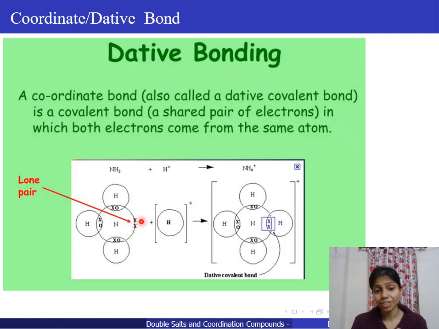But what about the lone pair of electrons? This lone pair can be shared with an electron deficient species like H plus. You see here, given in blue color, nitrogen is sharing with the hydrogen. Hydrogen uses it to complete its doublet and get stabilization, and nitrogen is also sharing it while keeping its octet complete.